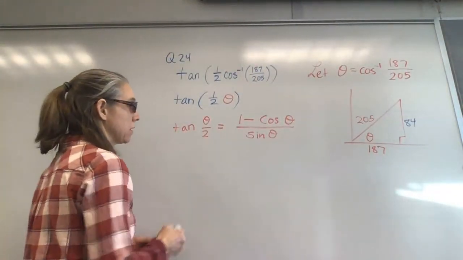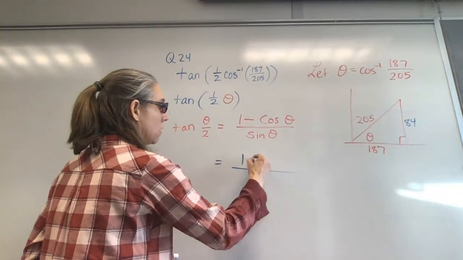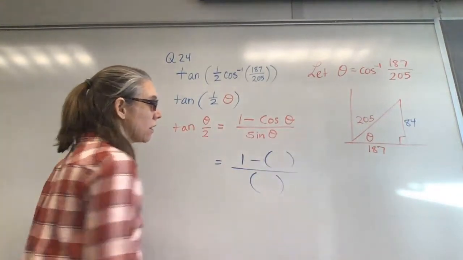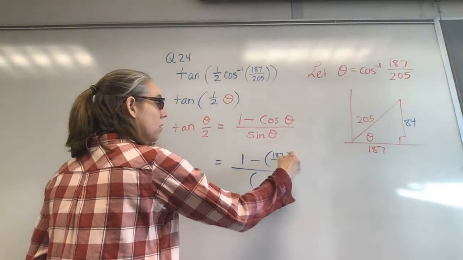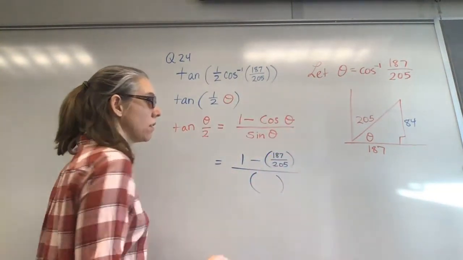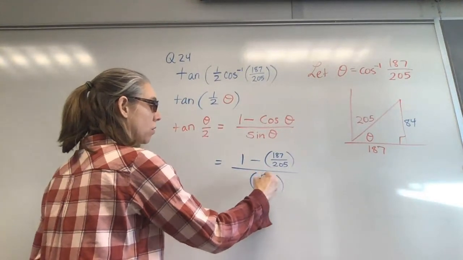So now I've replaced cosine theta and sine theta. Cosine theta is 187 over 205, and the sine of theta is 84 over 205.